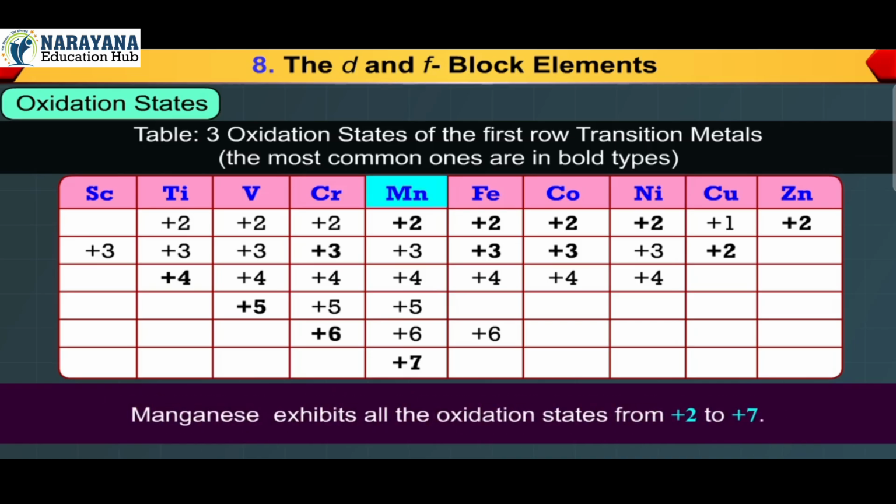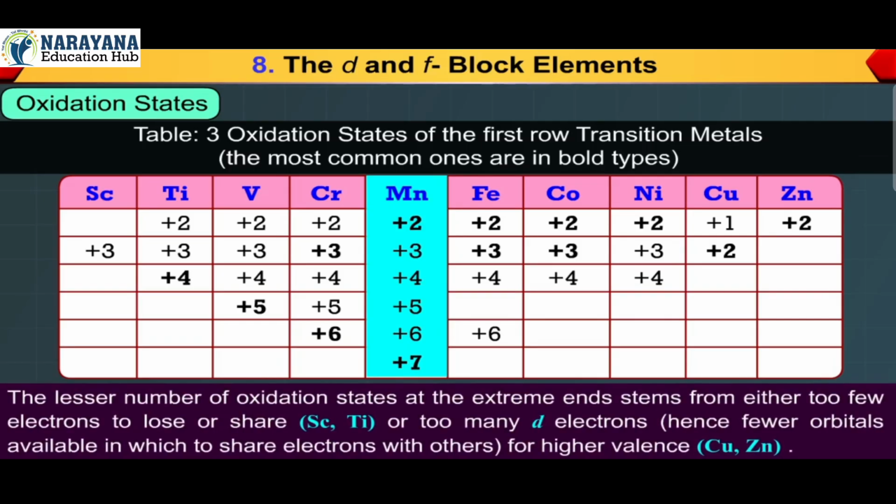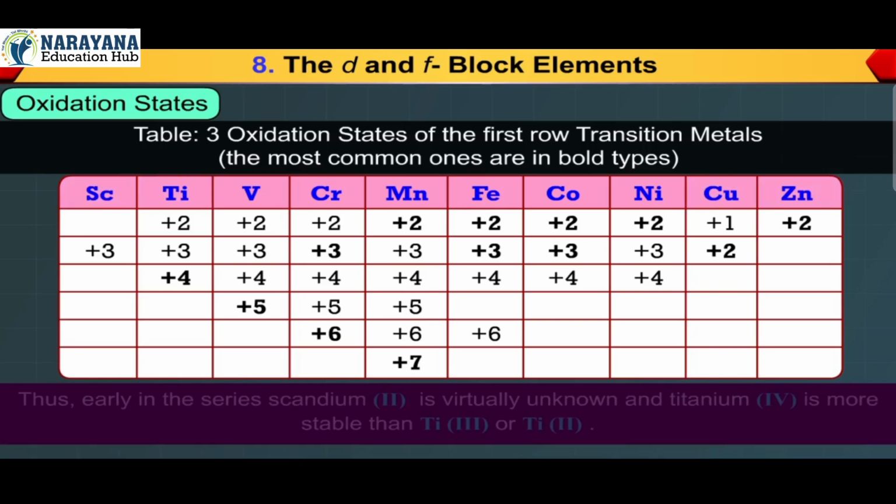For example, manganese exhibits all the oxidation states from +2 to +7. The lesser number of oxidation states at the extreme ends stems from either too few electrons to lose or share, that is scandium, titanium, or too many d electrons, hence fewer orbitals available in which to share electrons with others for higher valence, that is copper, zinc.